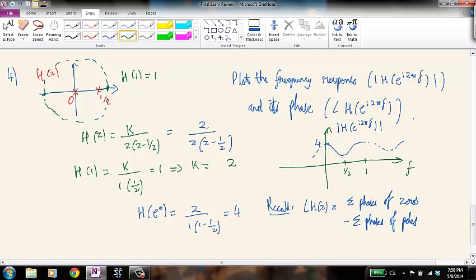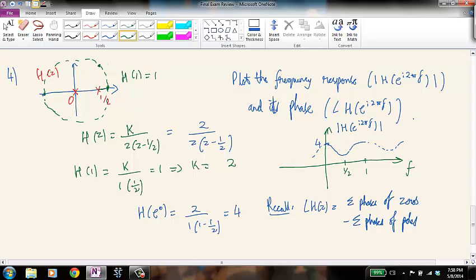You're looking at the angle made by the vector joining the poles with where you are on the unit circle. So when you're at point 1, both the angles are along the real line, so it's just 0 for both of them. Okay.